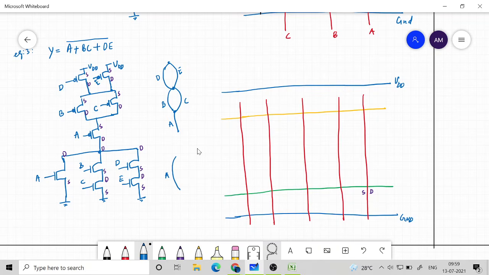So this is A, and then we have one node here. I am just denoting the nodes with these bubbles. This is going to be B and C, and then I have one more, which is going to be D and E. Now we need to adopt the Euler path algorithm, which has some restrictions.